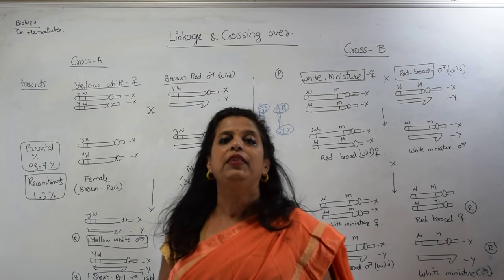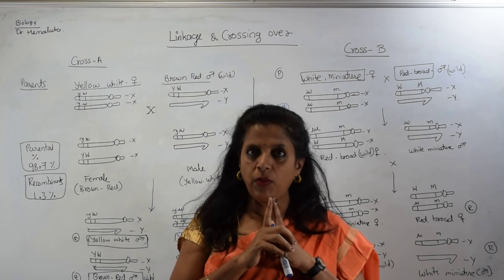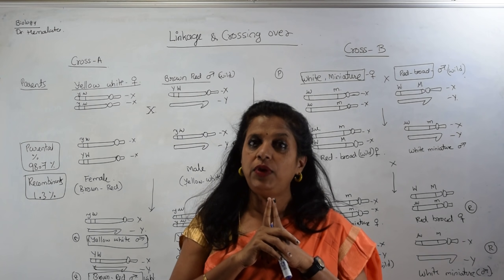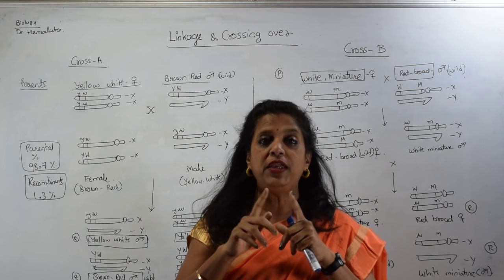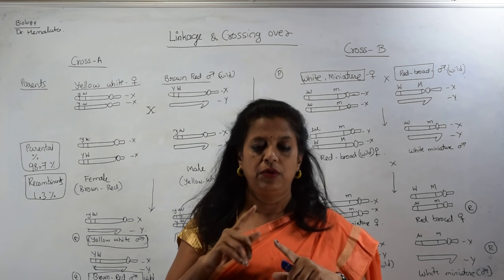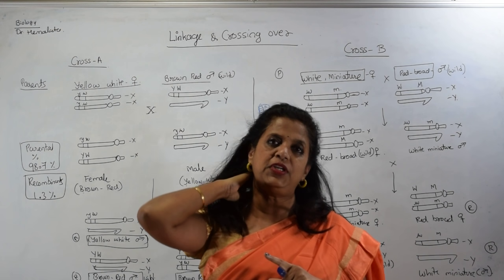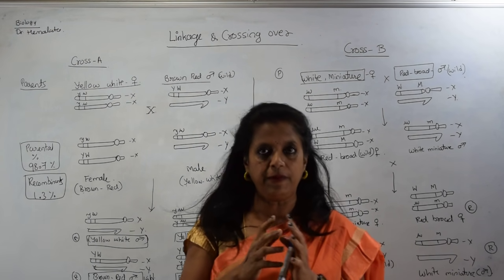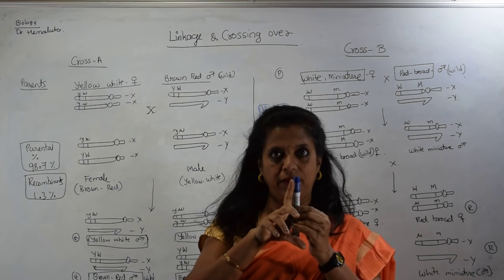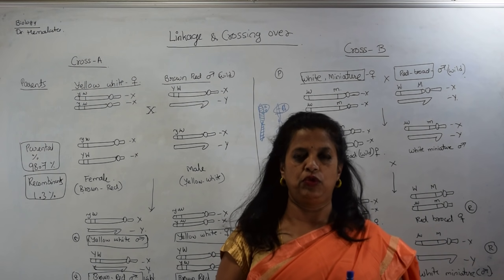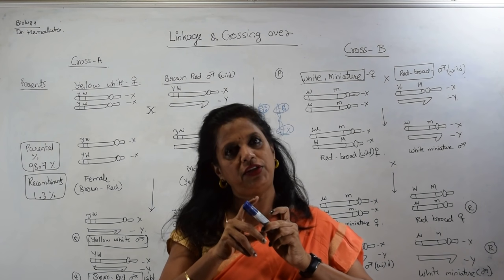In meiosis, we have learnt already, there is pairing of homologous chromosomes, and during meiosis 1, that is prophase 1, there are a lot of stages: leptotene, zygotene, pachytene, diplotene, diakinesis. In leptotene, they start separating. In zygotene, the paternal and maternal chromosomes come together, that's the pairing of chromosomes. Later, they cross over and exchange genes.